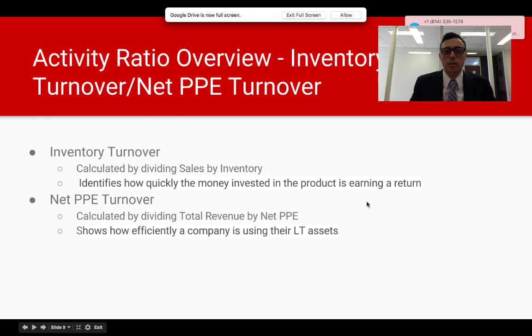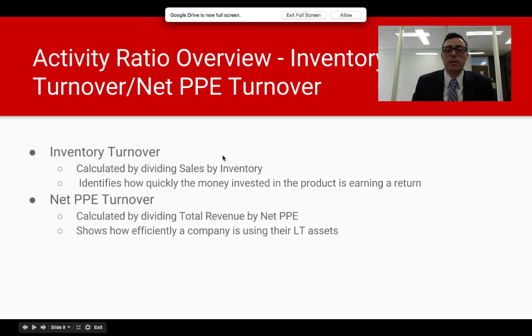Next, we looked at activity ratios, and the two that we chose to look at were inventory turnover and net PP&E turnover. Inventory turnover is calculated by dividing sales by inventory, and net PP&E turnover is calculated by dividing total revenue by net PP&E. Inventory turnover identifies how quickly money invested in the product is earning a return. So essentially, this is important because it shows how quickly you're selling your product.